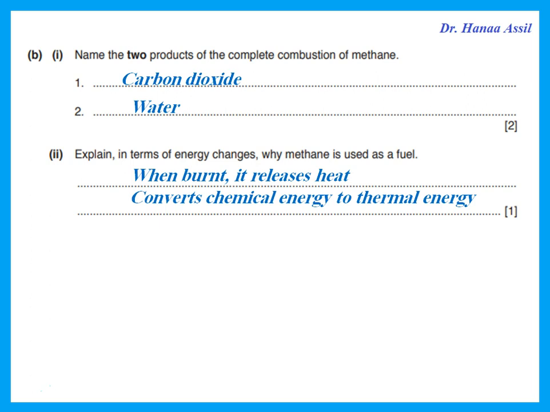So when he says describe anything in terms of energy changes, you need to tell me it is changing which kind of energy to which kind of energy. Remember that fuels or food or cells, for example, contain chemical energy. Now, when they burn and release heat, this chemical energy is converted to thermal energy.